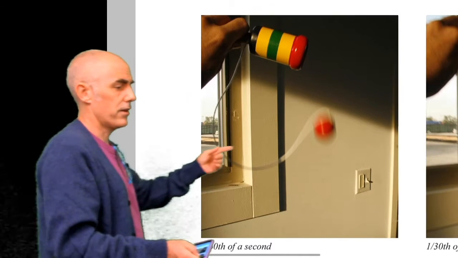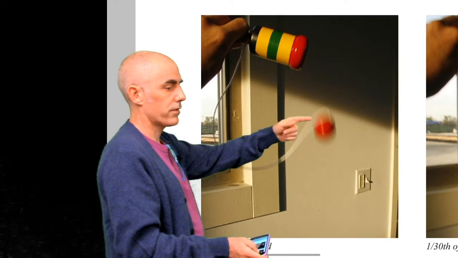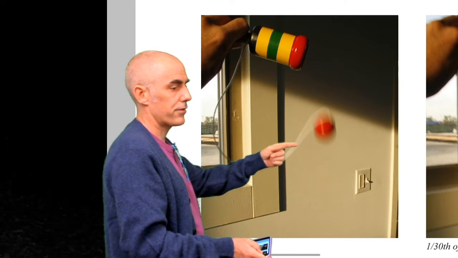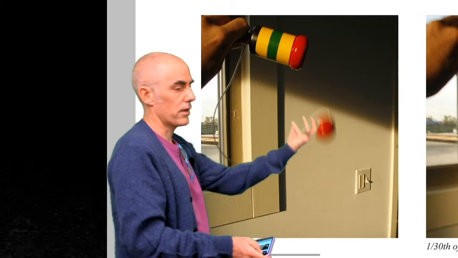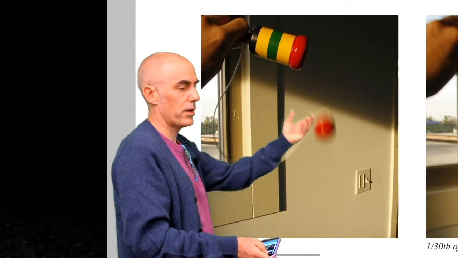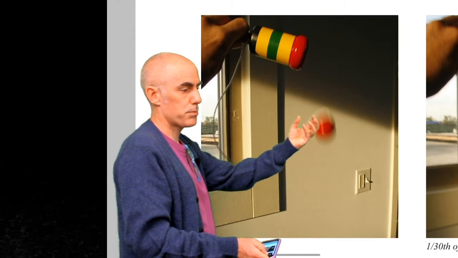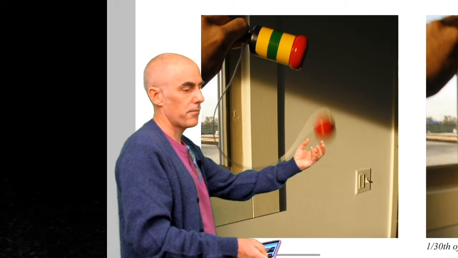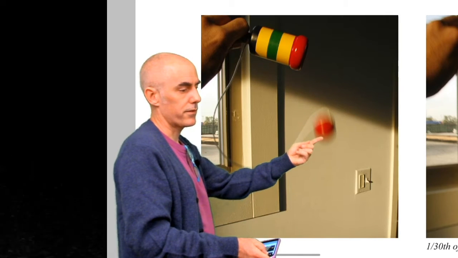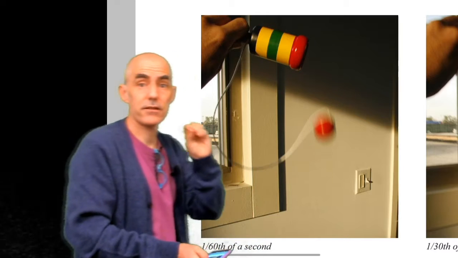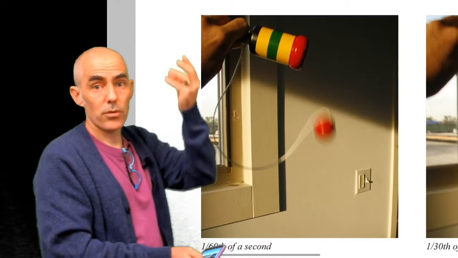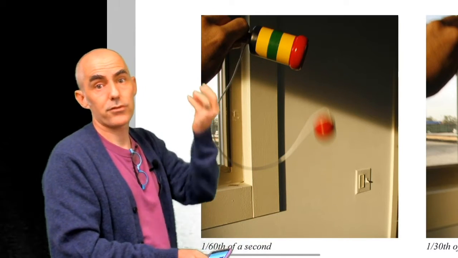So here we have a 60th of a second, and you can see some really significant blur in that string. We're also starting to see some elongation of the form of the ball, because we're seeing it here and also there. You can also see it in the specular highlight, so that's the reflective piece of the ball. We're also starting to see that stretch.